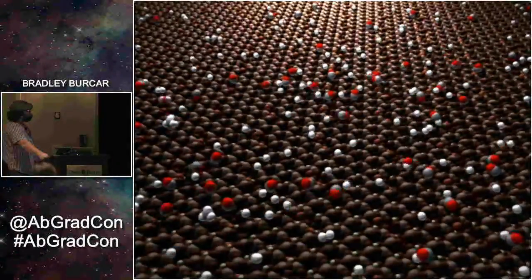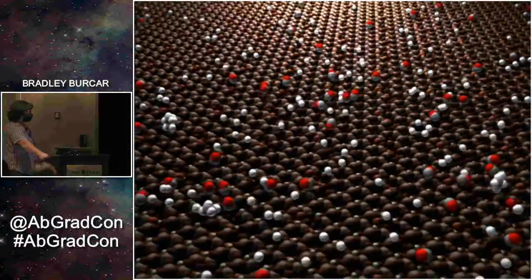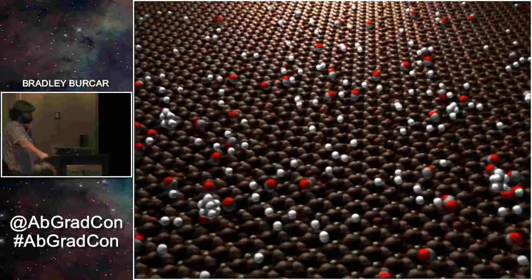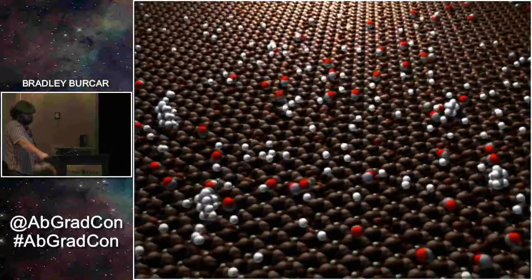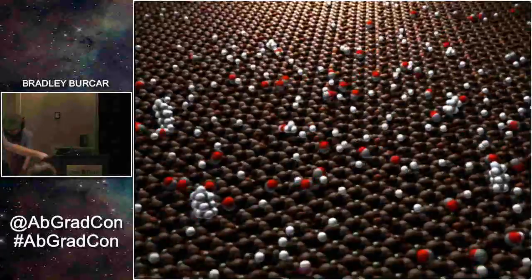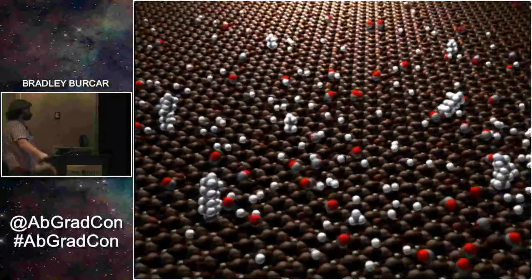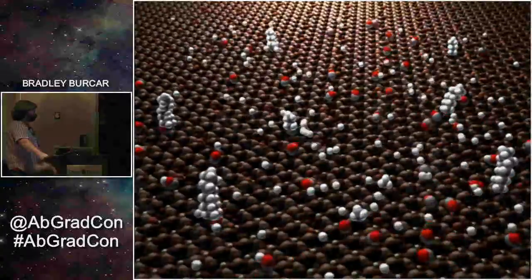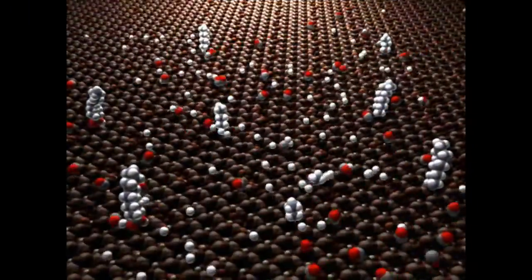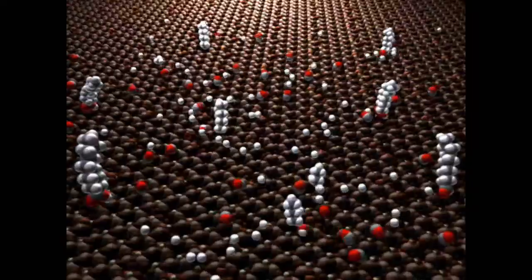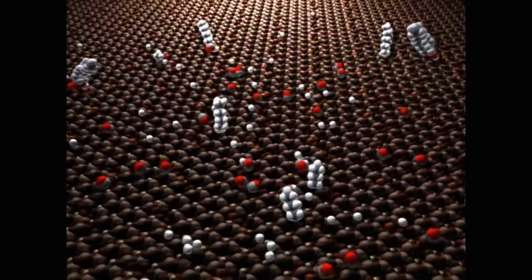Mineral surfaces can catalyze the stepwise formation of hydrocarbon chains from carbon monoxide and hydrogen. Here hydrogen atoms are shown as white spheres, carbon is gray, and oxygen is red. The reaction results in the growth of hydrocarbon chains of various lengths that are eventually released from the mineral phase as fatty acids and related compounds.